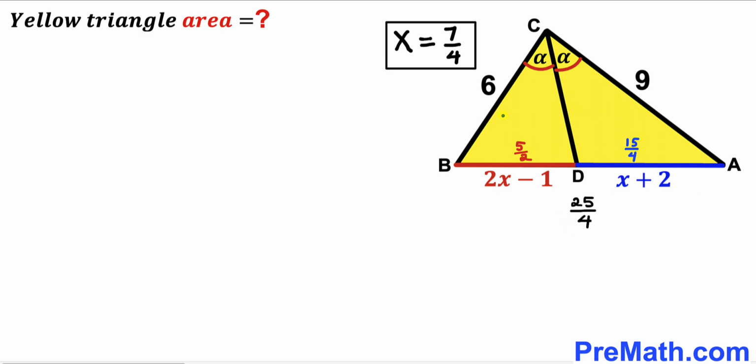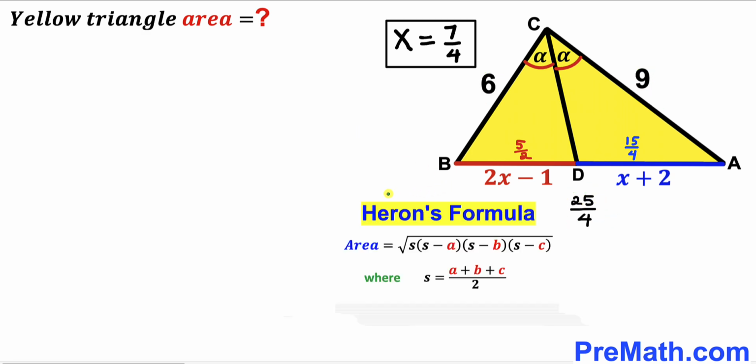So we can see in this triangle ABC, this side length BC is 6 units, this side length AC is 9, and this side AB turns out to be 25 divided by 4. Therefore we are going to use Heron's formula to calculate the area of this yellow shaded triangle ABC. Here's our formula.